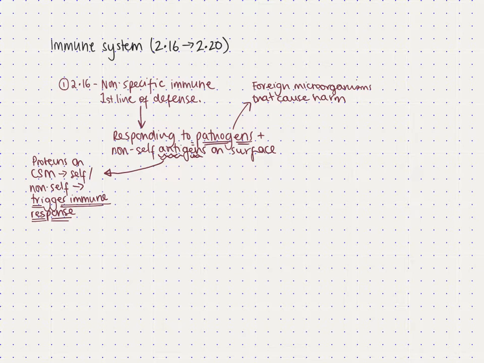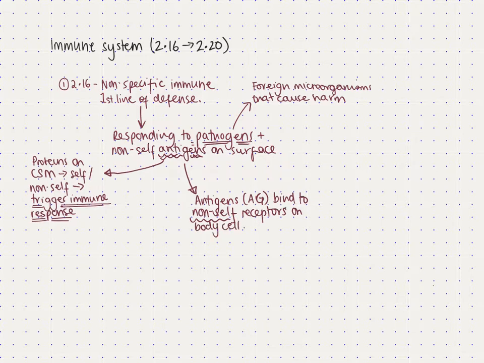Okay, so we've got those pathogens, so we've got non-self antigens on the surface. Our pathogens are going to end up using their antigens, and I'm going to abbreviate antigens to AG, and they're going to bind to non-self receptors, okay, because they're not our body cells, on some kind of body cell.